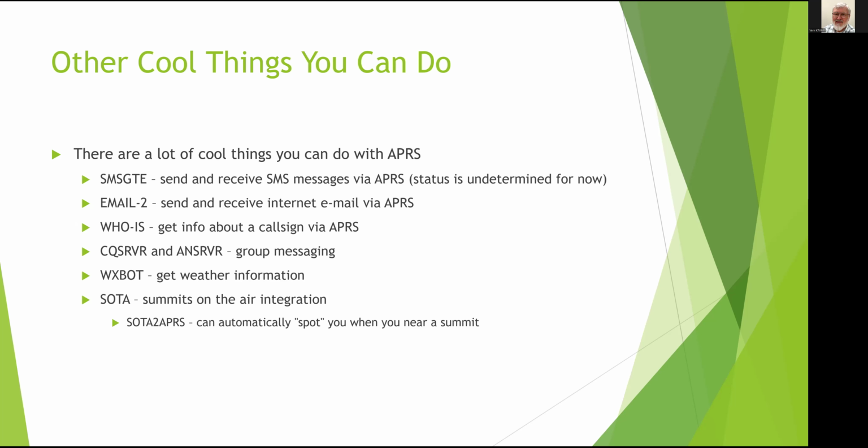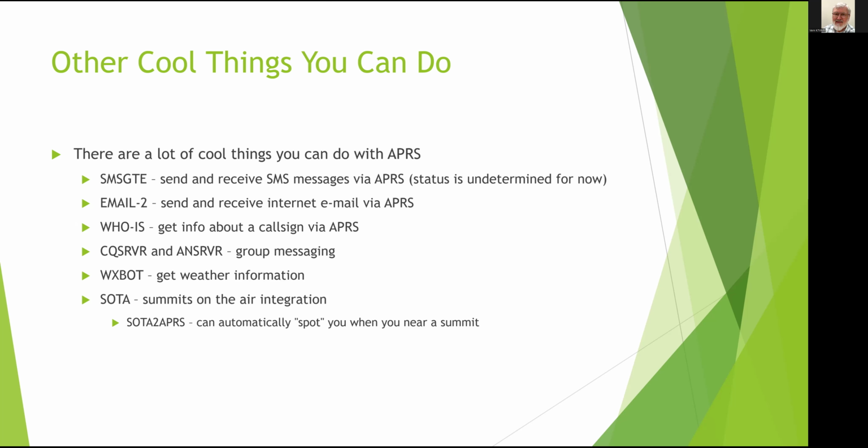Whoas can get you information about a call sign. CQ server and AND server are for group messaging. They do this thing every week. It's called APRS Thursday, and it uses AND server. Basically you send a message to AND server with CQ hotg in your message, and it adds you to the hotg group.